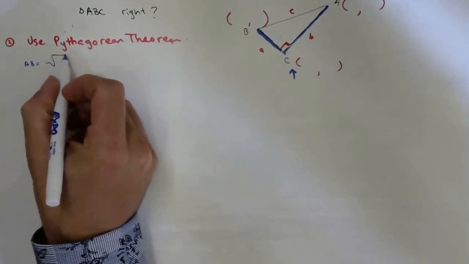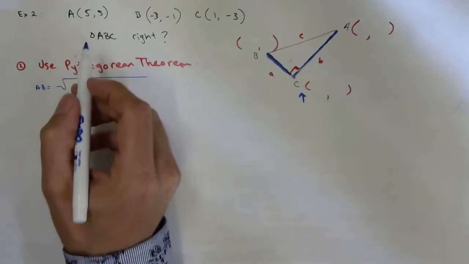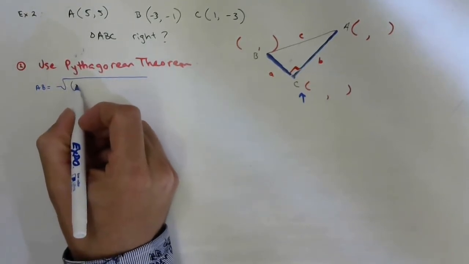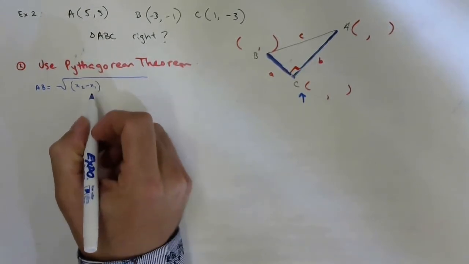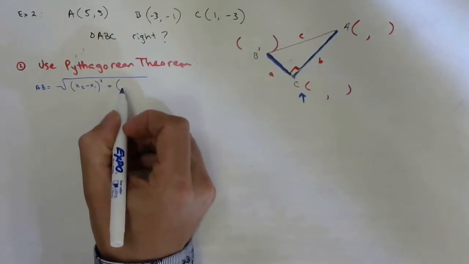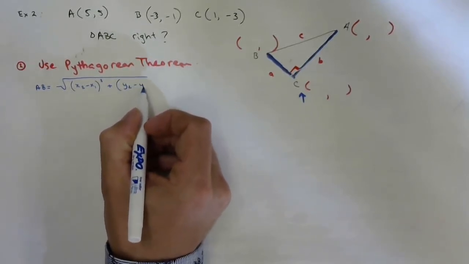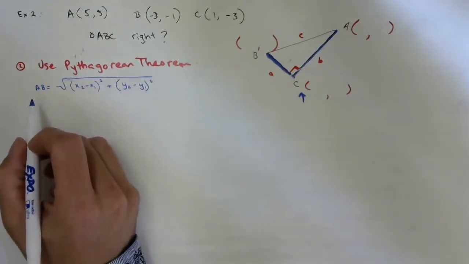I'm going to write down my formula the first time I'm doing this. I've got my coordinates up here, but first I'm just going to write down the formula. I've got x2 minus x1, that's the difference in their x values, squared, plus y2 minus y1 squared, and I'm going to take the square root of that. That's going to give me the length of that side.